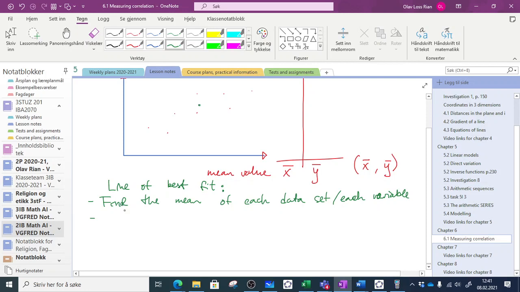And then we represent this as a point in the scatter plot.